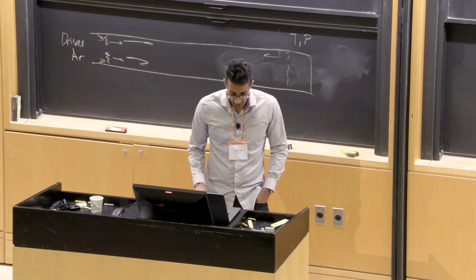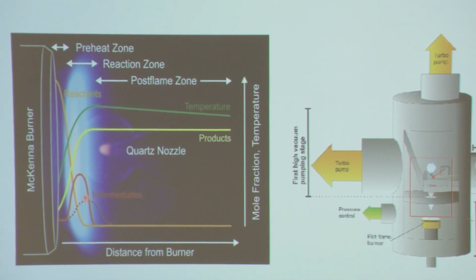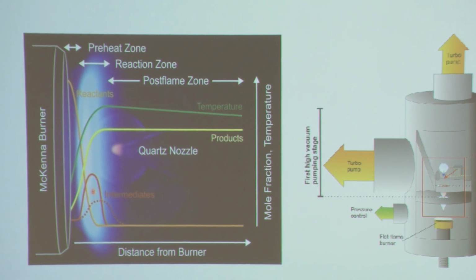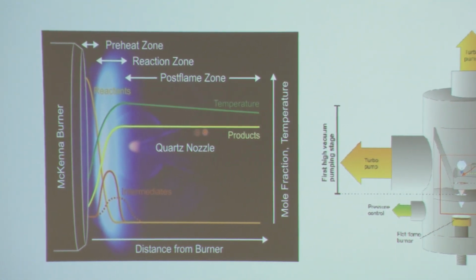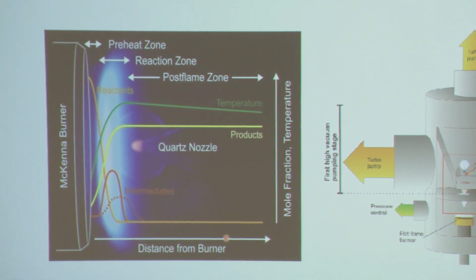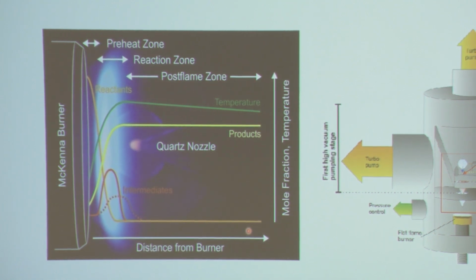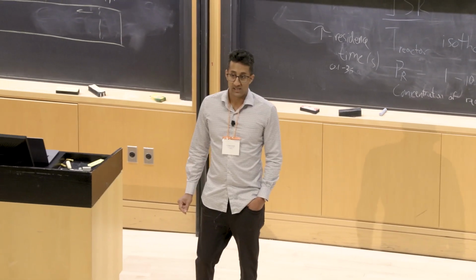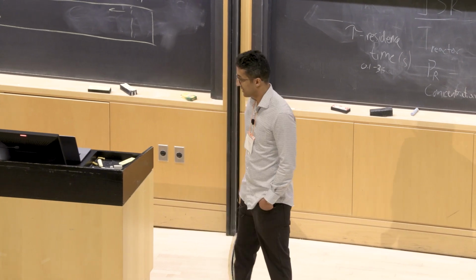You have the main reaction zone, where all the major intermediates are formed and consumed. Then you have the post-flame zone, where your products are formed. All of this you look at as distance above the burner, or distance away from the burner. What you're trying to measure are typically the mole fractions of different species, but also the temperature profile.